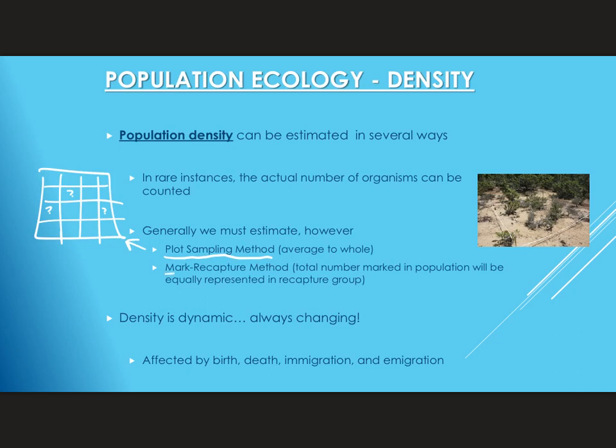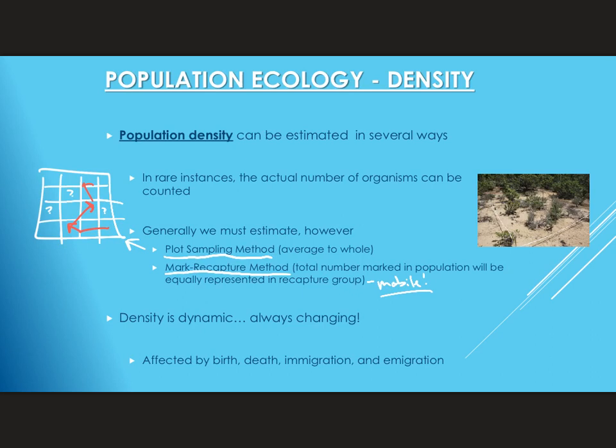Now, the mark recapture method is what we can use if we have a mobile species. That means it's going to move around, right? So something like plot sampling doesn't work because a mobile species like, say, honeybees could just follow you around if we try to use a plot sampling method, in which case we never really figure out how many are there total.